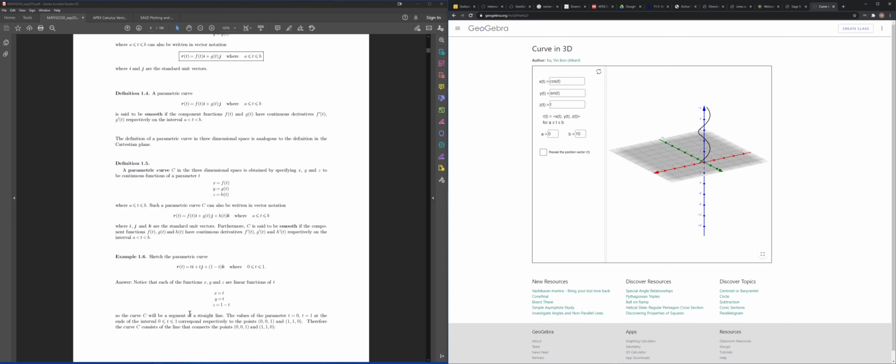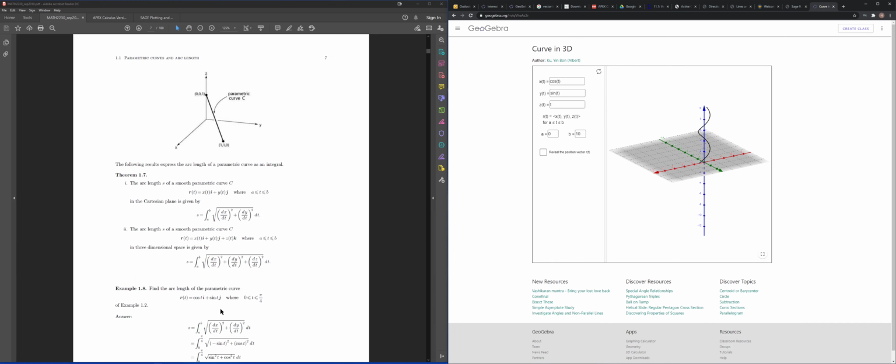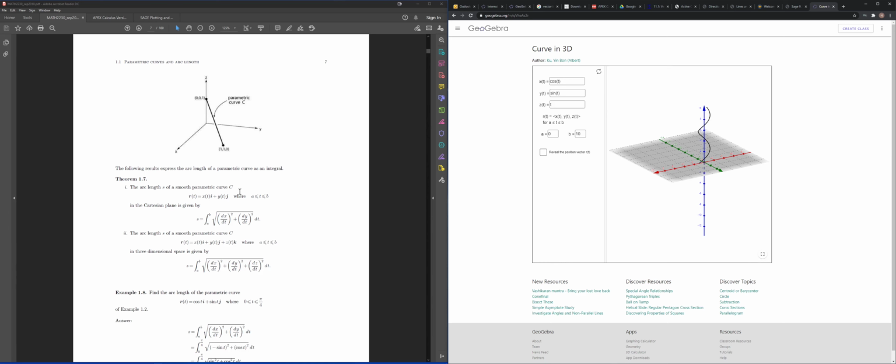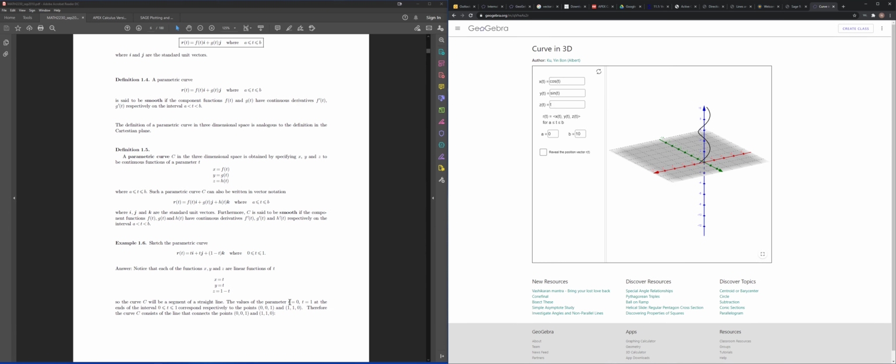All right, and once you realize that this is a line segment, it's easy to graph, right? All you need is the start point and the end point. So to graph a line segment, you just need to figure out the coordinates of this point over here and the coordinates of this point over here. And that's not hard to do. For t, you just put in the endpoints of your range here.